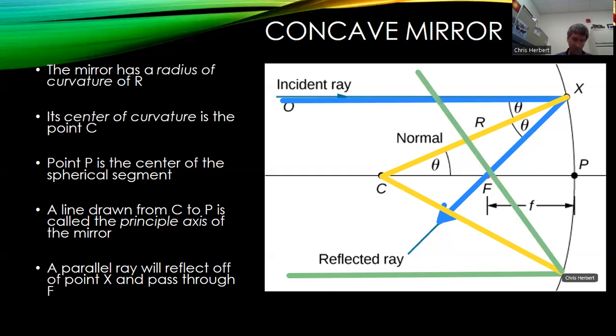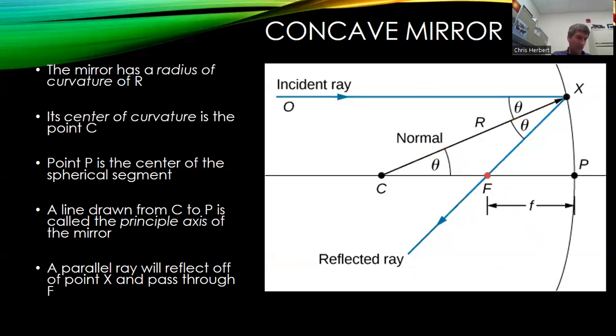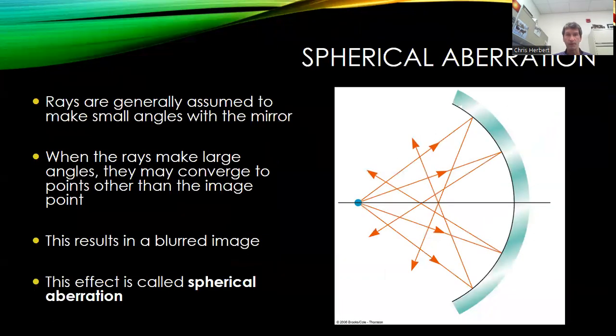So there, my green ray would pass through the focus too. So the focus is the point at which parallel rays will converge. Concave mirrors are a convergent type mirror. And the focus is going to be a distance of 1/2 the radius of curvature.